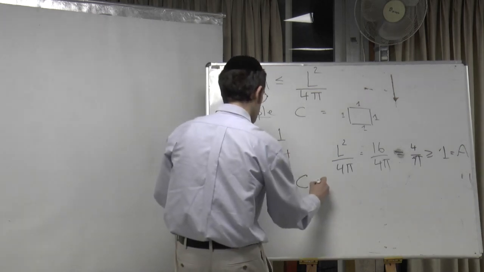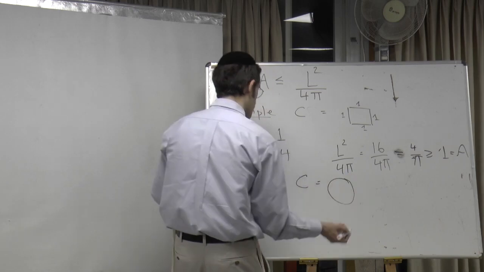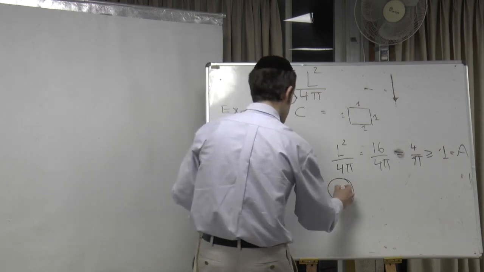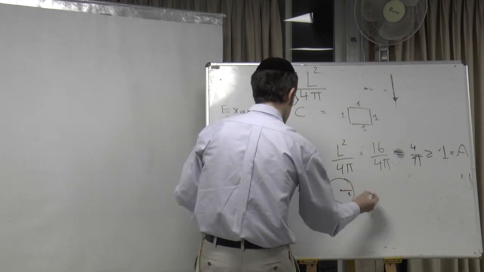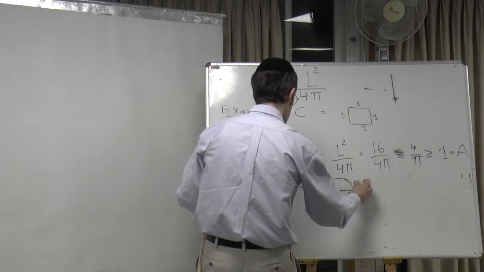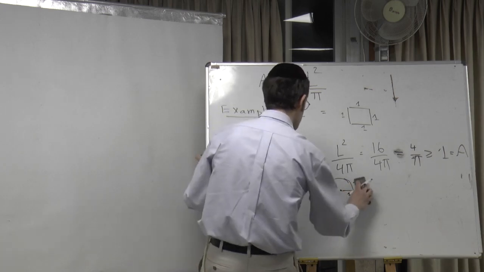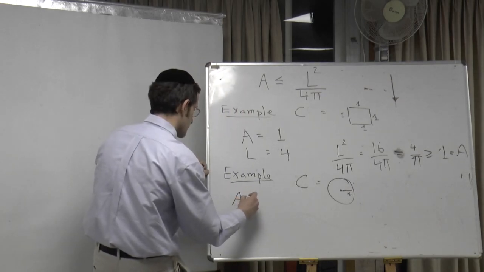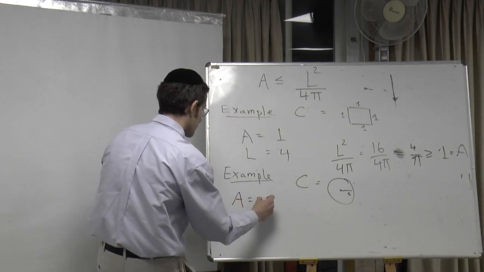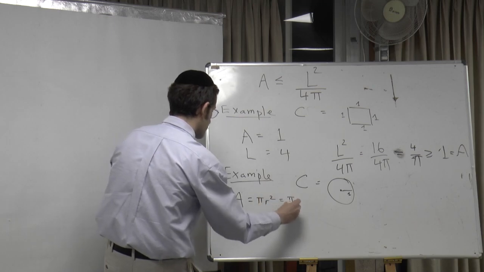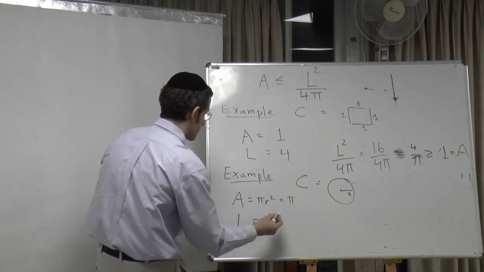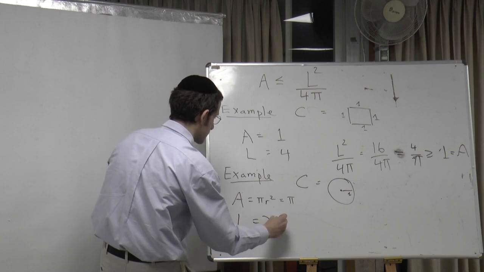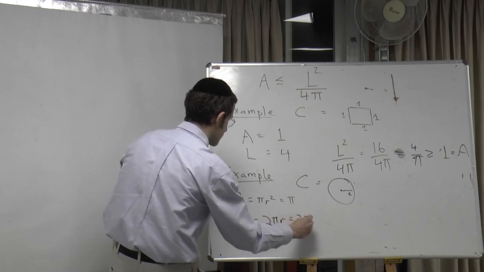C to be a circle, and you have a circle of radius 1, the circumference will be 2 pi. So you have A going to be pi r squared, pi. L will be the circumference, that's 2 pi r, 2 pi.